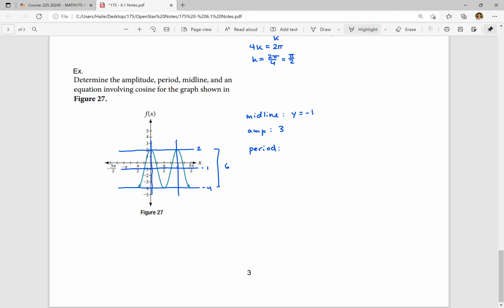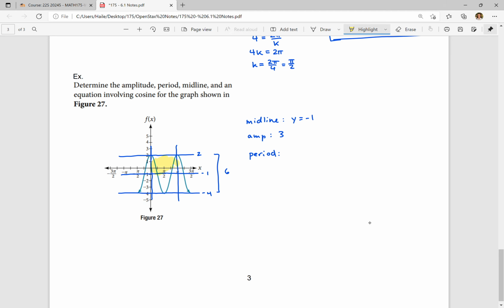Okay, so that's the period of the graph that I'm looking at. The period goes from 0 to pi, so the length of that is just pi. So I found the midline, amplitude, and period.